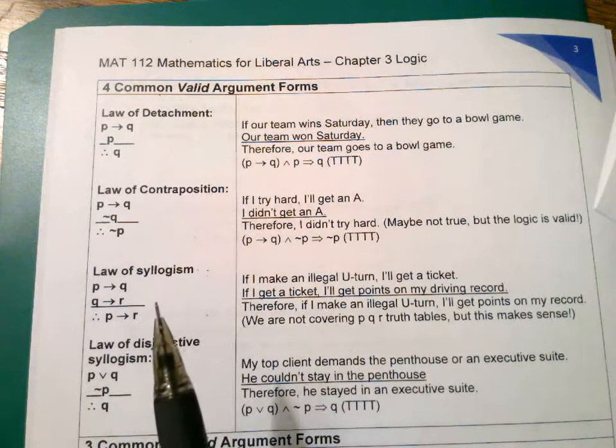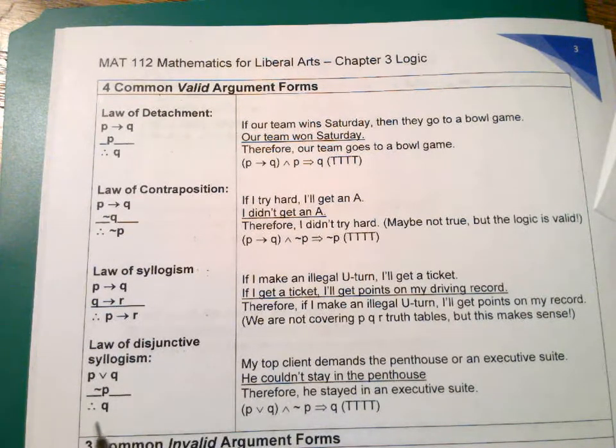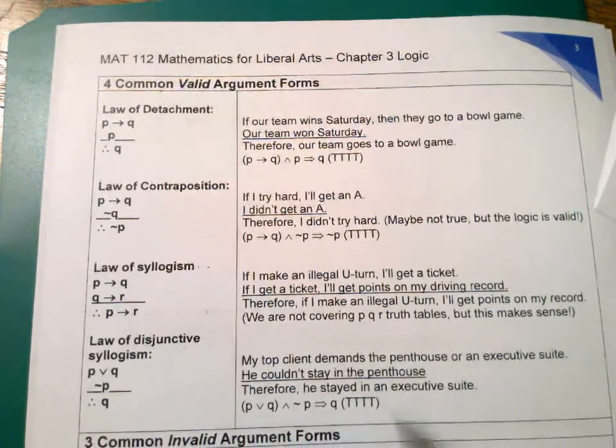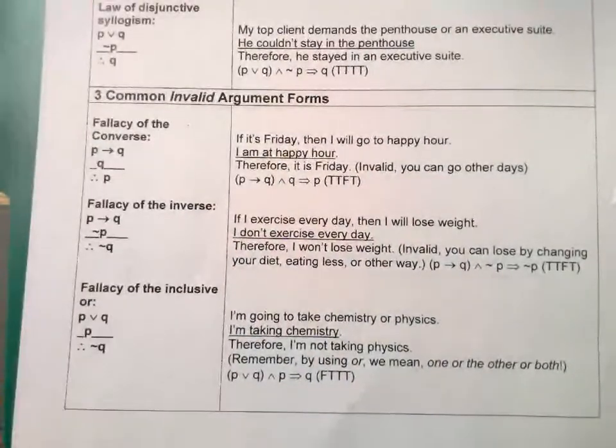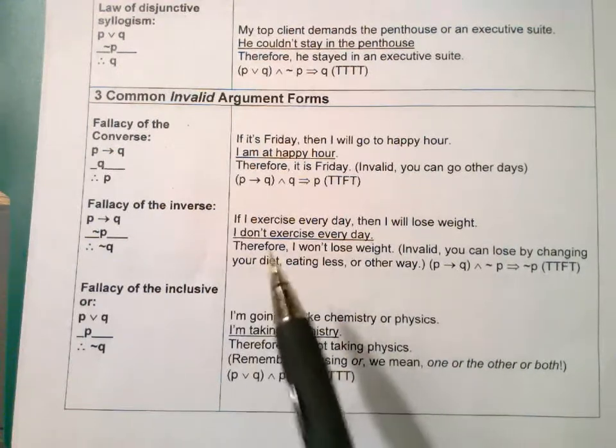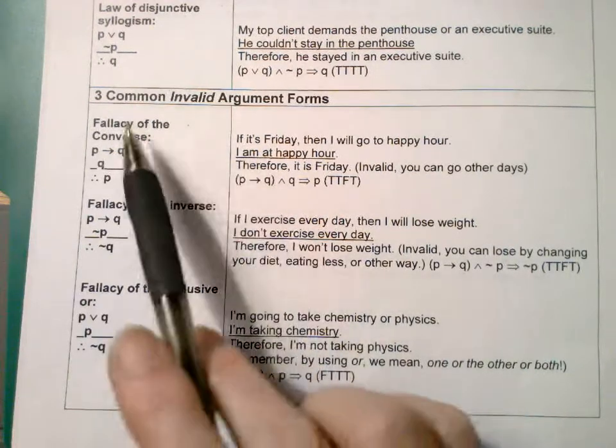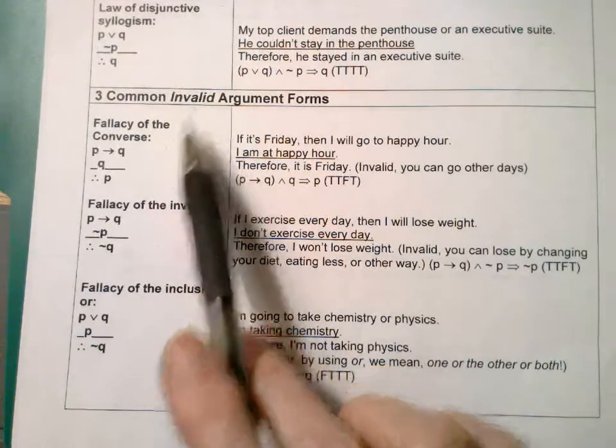Contraposition, syllogism, disjunctive syllogism. I'll let you look at those on your own to read through, but those are valid forms, and then there are some invalid forms. Some of these, remember, you might disagree with them, but logically speaking, these are proven things. So here's a common invalid one.